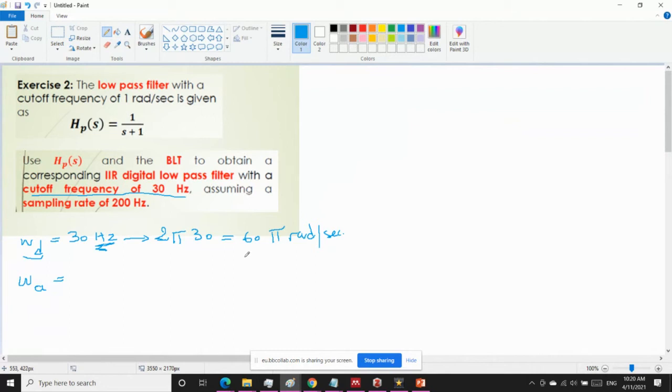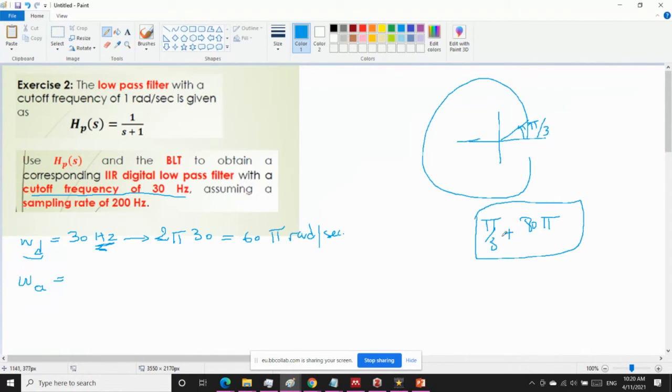Yeah, but this is periodic, remember? These angles are periodic. So when you say pi over 3, it's the same angle as pi over 3 plus 80 pi. Yes, it looks big, but it's the same angle. It's huge, it's 80.3 pi, but it is the same angle because it's periodic. Understand?